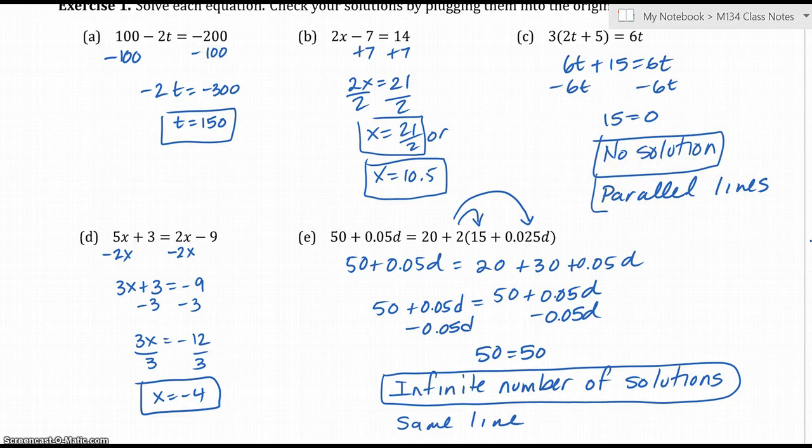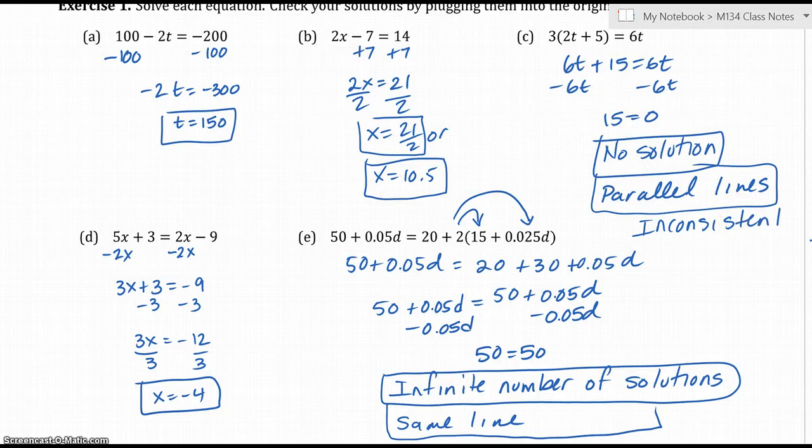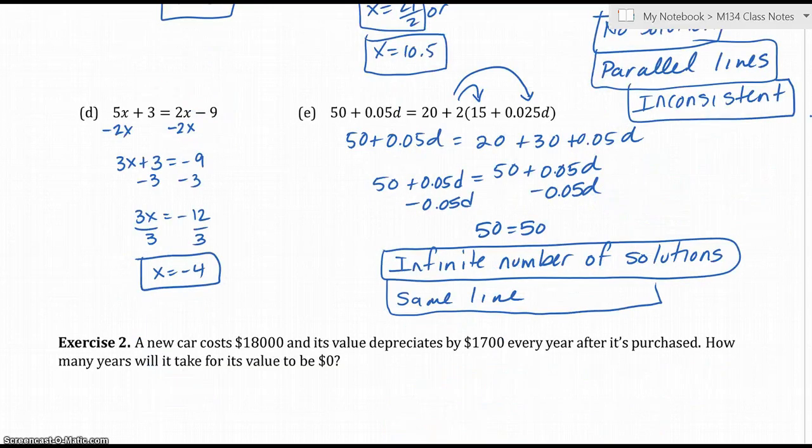You could also have said that. There are 2 fancy words to know in the future that we're going to get. For no solution, sometimes they call that inconsistent. They're inconsistent because there's no consistent point where they intersect.